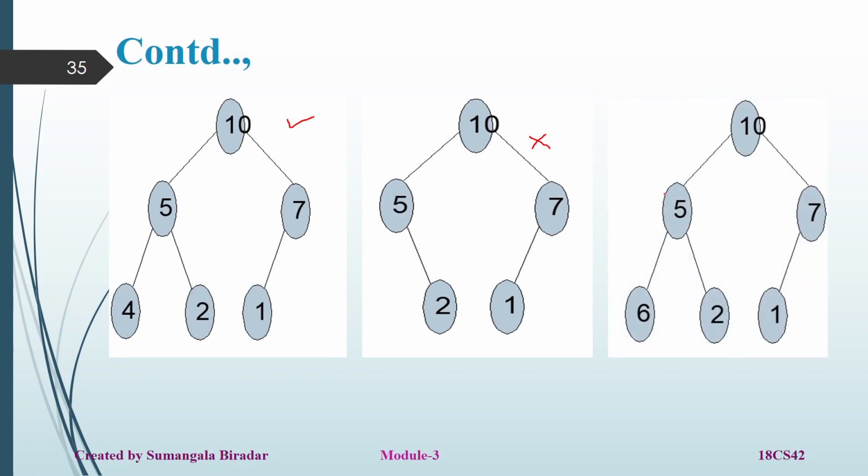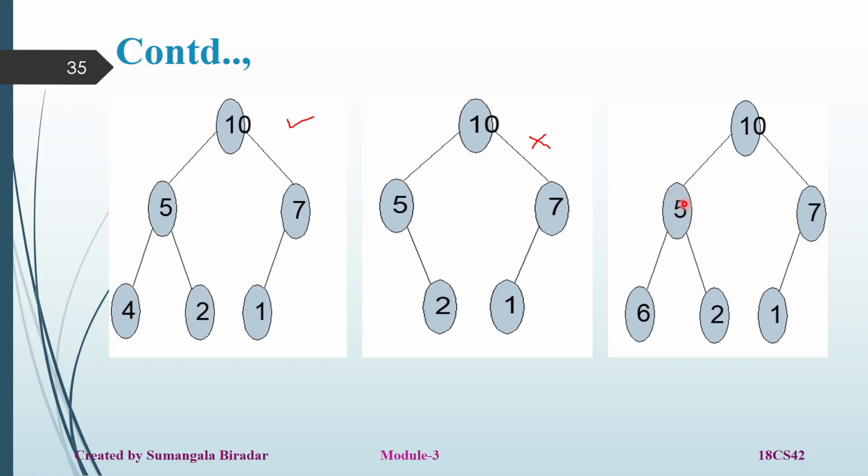Okay, this is one more example. In this example, yes, it is an essentially complete binary tree because only the right node is missing. Along with this criterion, you have to check one more criterion. What is it? The parent key must be greater. So for 7, 1 is the child key, and it is less.